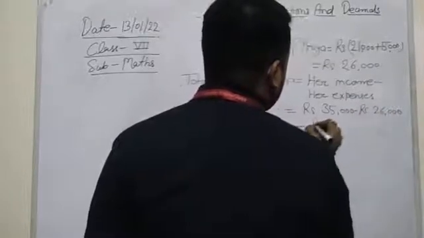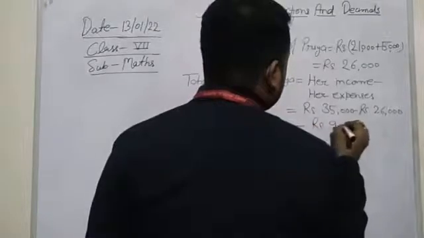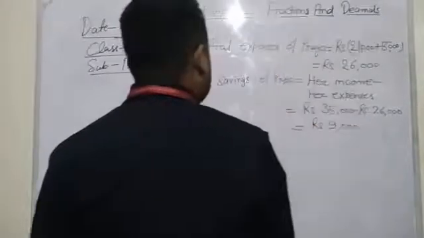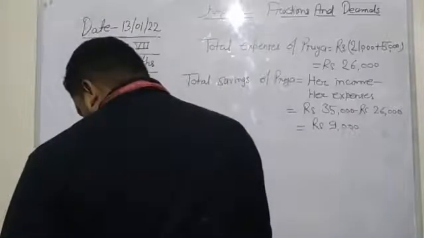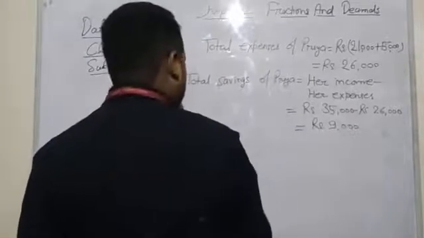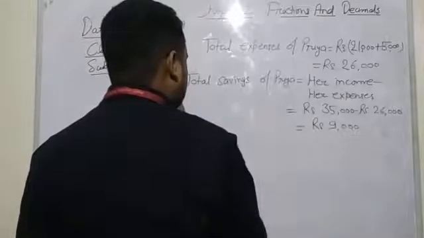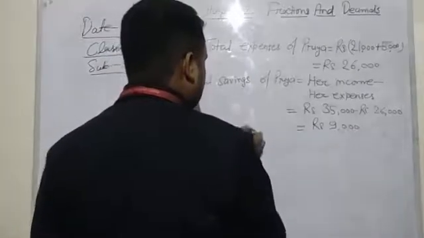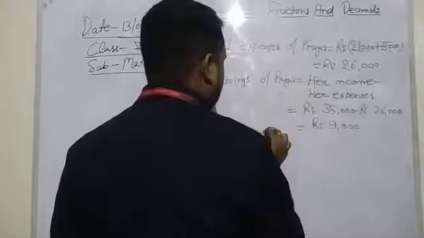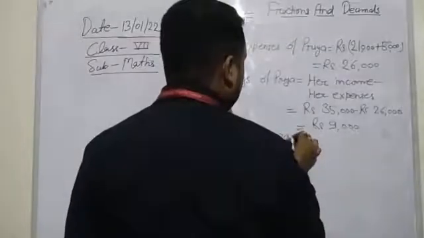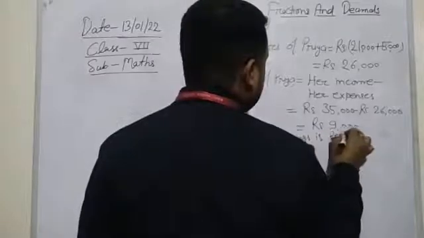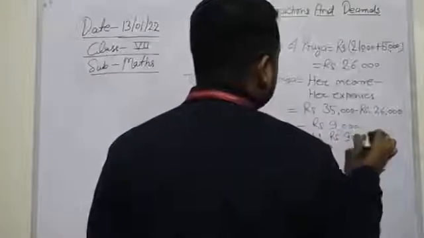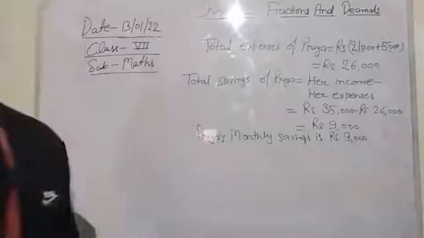So here we have rupees 9,000 as the total saving. So Priya's monthly savings is rupees 9,000. Note down.